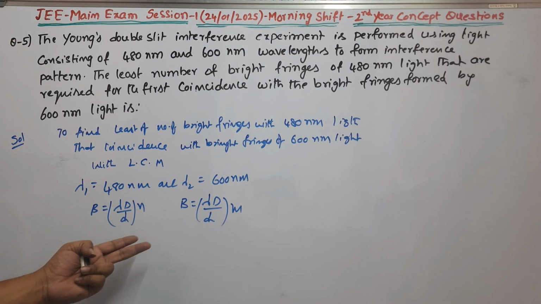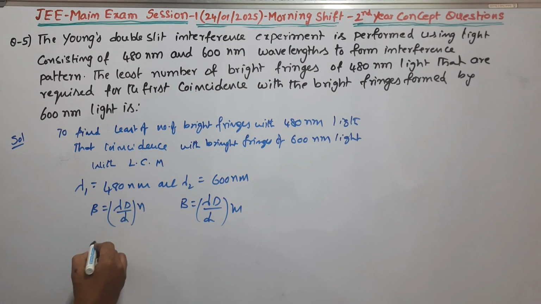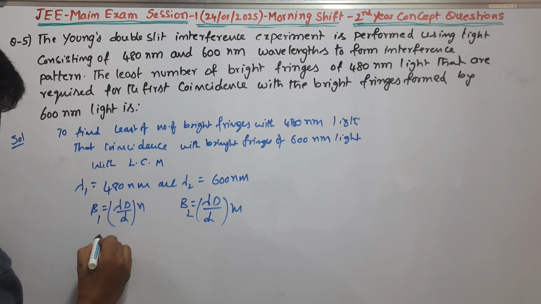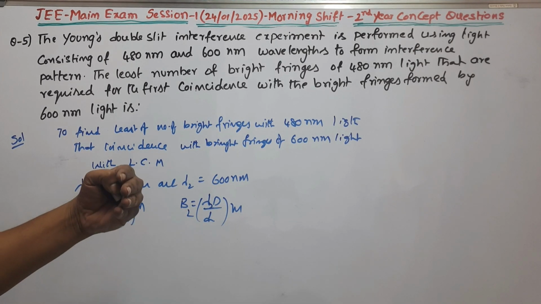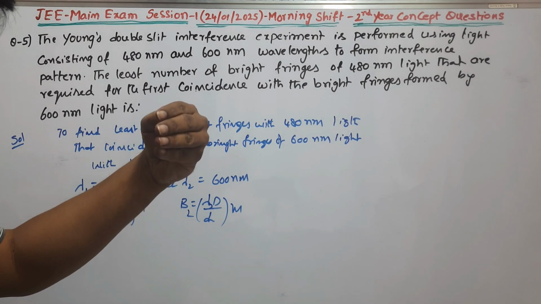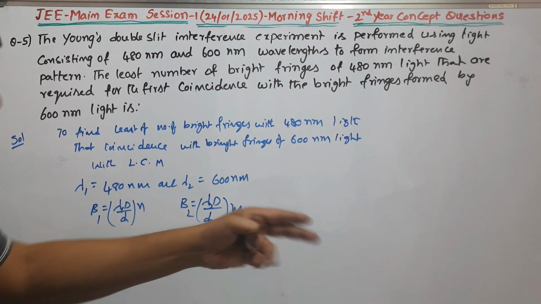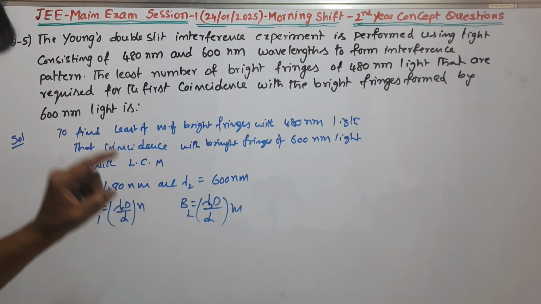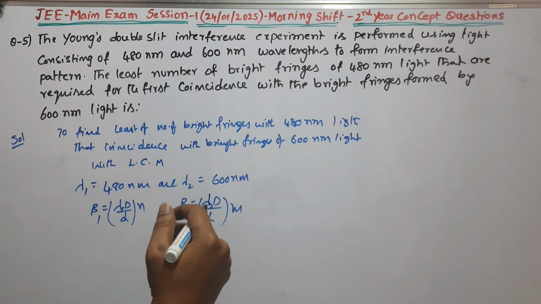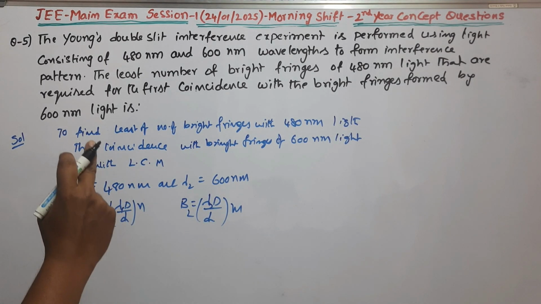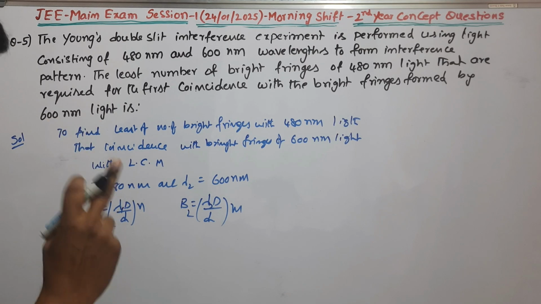Both are the same. Here this is beta 1, this is beta 2, this is lambda 1, this is lambda 2. Here capital D is the distance between slits and the screen, and small d is the distance between the slits in the interference pattern of a Young's double slit experiment.